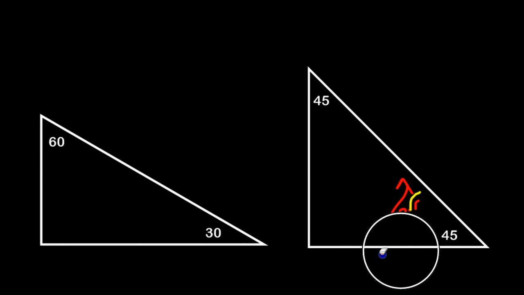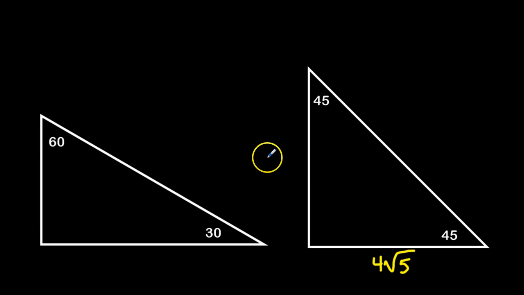Maybe let's do one more scenario with the 45, 45, 90, and then we'll wrap this up. So we have here, let's say, I don't know, let's say this is 4 root 5. Okay, remember, don't get scared here. It's just a radical in there, no big deal. This other one here is also 4 root 5.